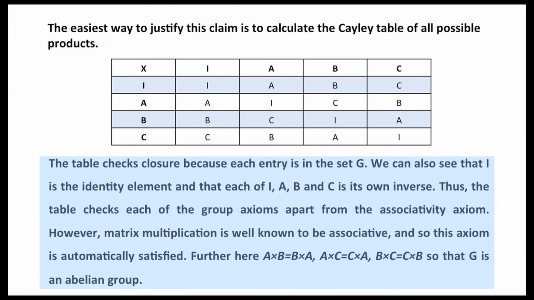However, matrix multiplication is well known to be associative, and so this axiom is automatically satisfied. Further, here A into B is equivalent to B into A, A into C is equivalent to C into A, B into C is equivalent to C into B, so that G is an abelian group.